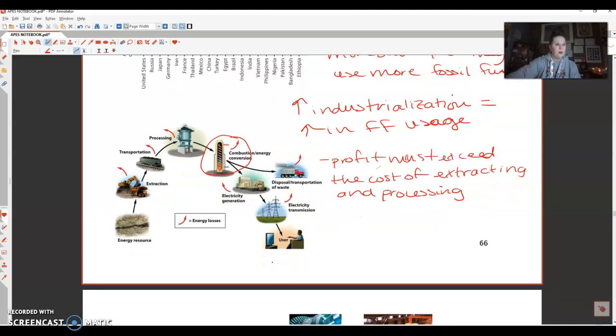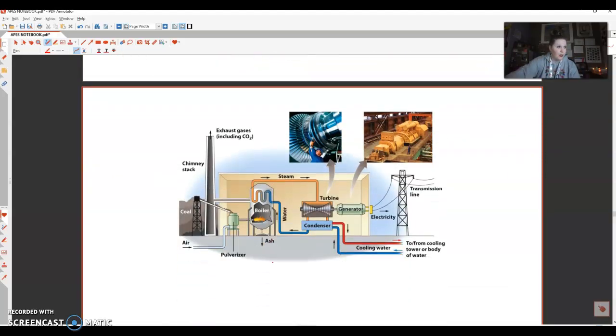Okay, so let's look right here. Now, this is using a coal plant as an example, but this basically is the exact same process we're going to see in lots of these renewable and non-renewable energy sources. How do we get this energy source converted into electricity? Okay, that's what the power plant is for. So this process, you're going to see me repeat over and over again.